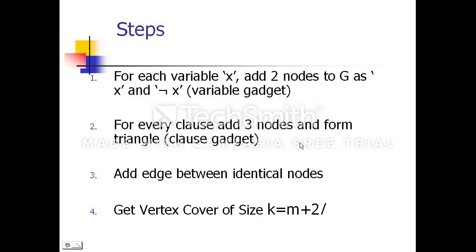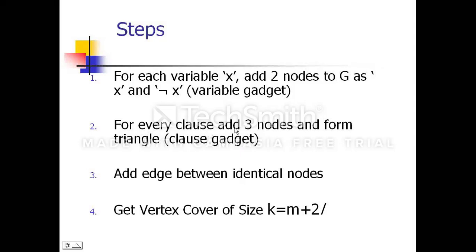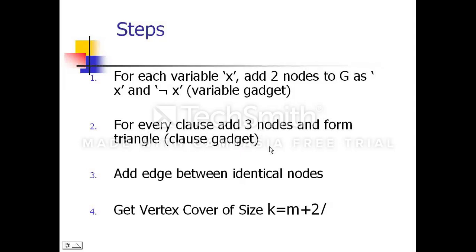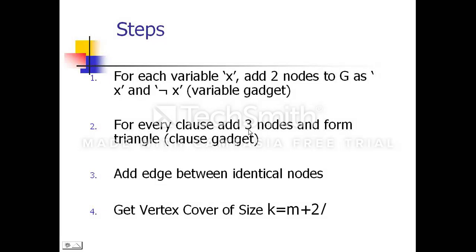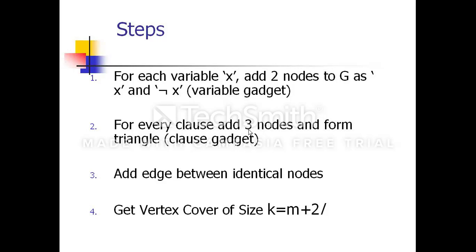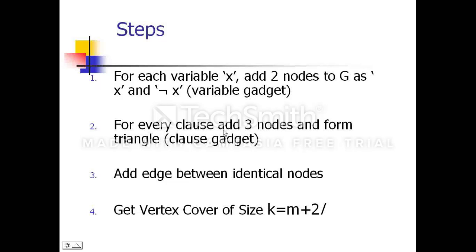The second step is, for every clause add 3 nodes and form a triangle. That is going to be the clause gadget. Now we have seen we are going to use the 3-SAT problem. 3-SAT means in a clause there will be exactly 3 variables. That is why we will be creating 3 nodes, one for each variable present in the clause.